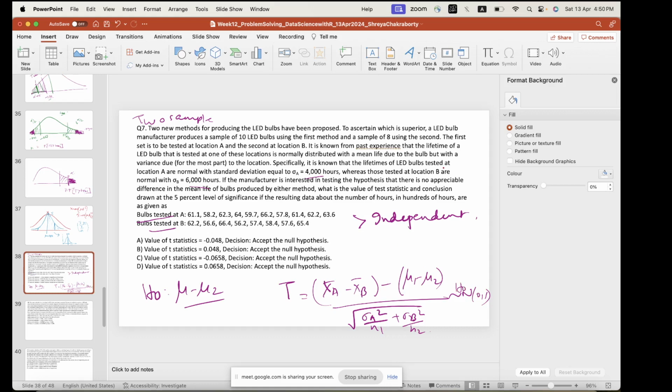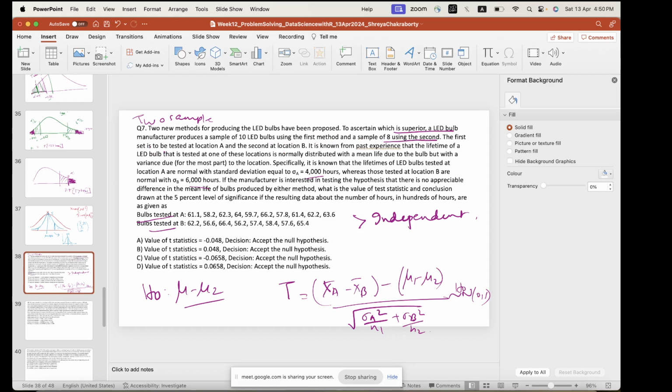Then what is your mu1? No appreciable difference in mean life, and nowhere does it mention that one is better than the other. To ascertain which is superior, a sample of 10 is using the first method and a sample of 8 using the second.